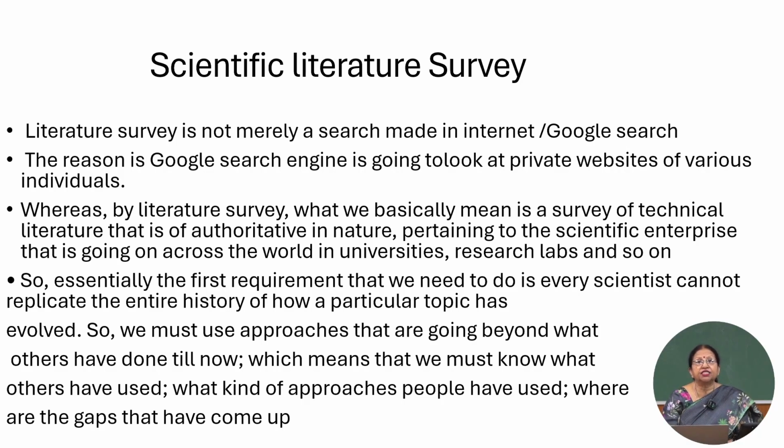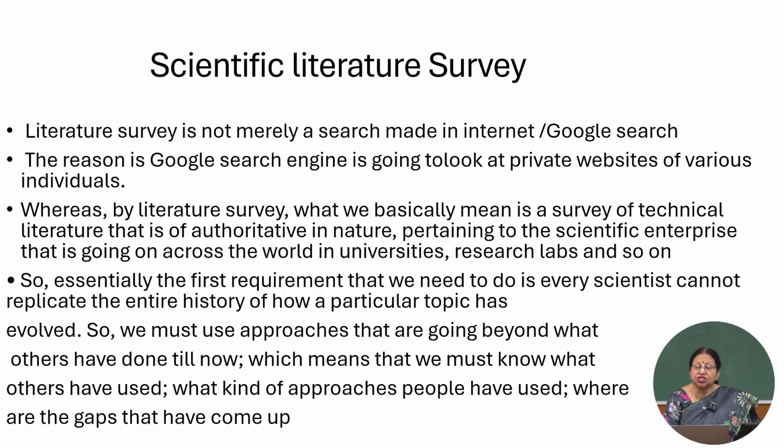Now let us pay a little attention to the most important thing that a researcher has to do. That is doing a thorough scientific literature survey. Literature survey is not merely a search made on the internet or Google search. The reason is Google search engine is going to look at private websites of various individuals.